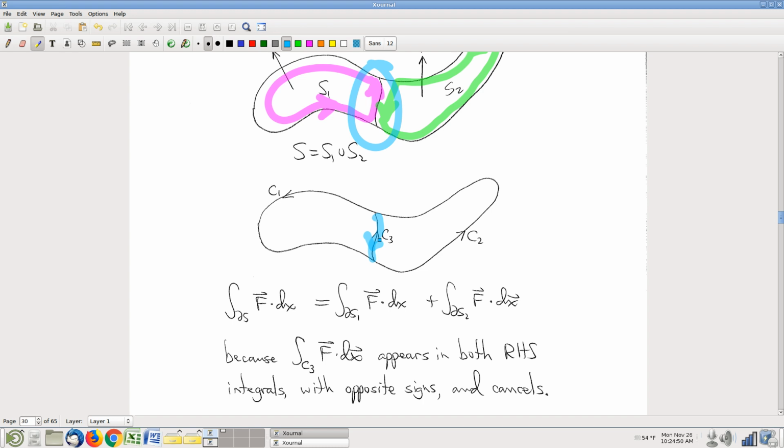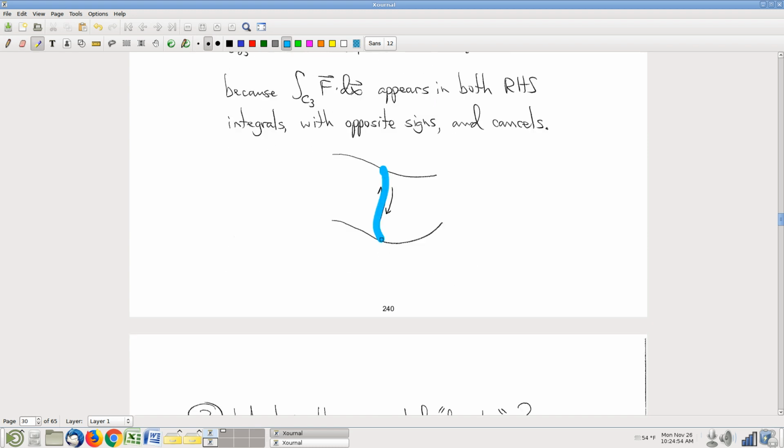So it doesn't really matter which way you orient it. So either way, on the shared boundary curve of two pieces of surface in the interior of the surface, you're going to be crossing that curve twice in opposite orientations, and they're going to cancel.